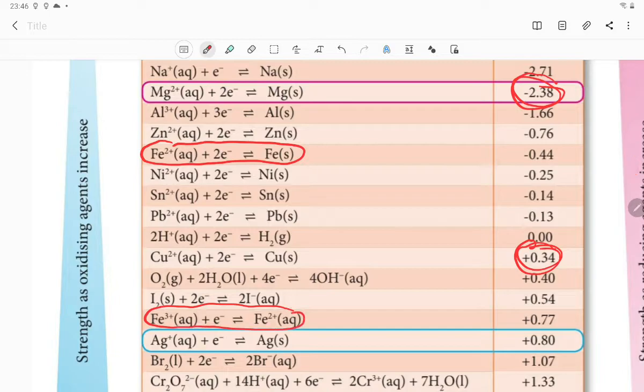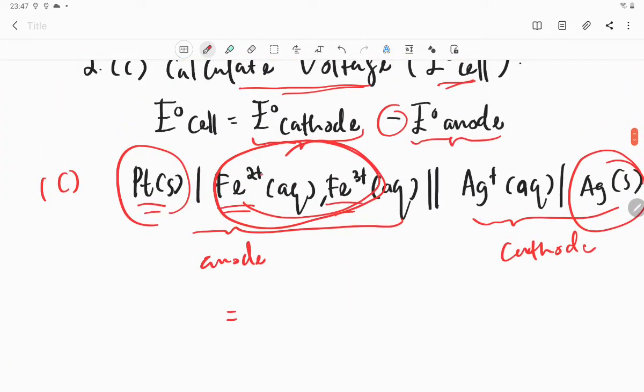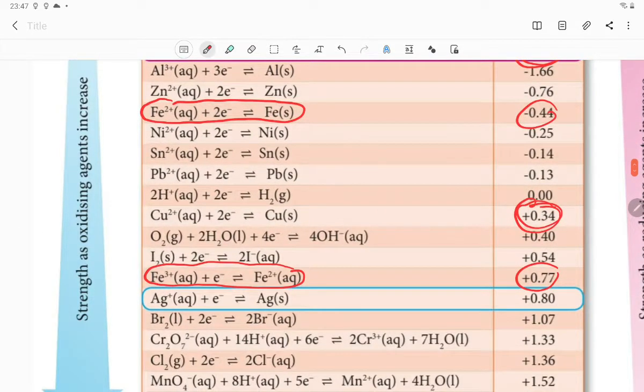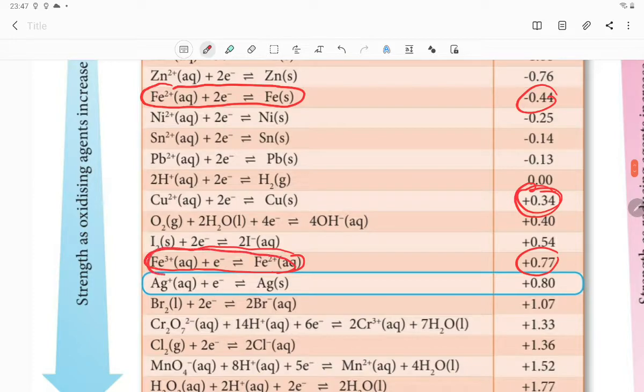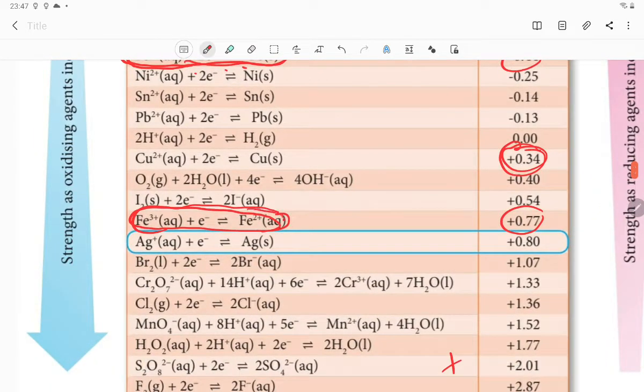So which value are you going to choose? You have to look at the substance. Here we have Fe, iron, Fe2+, and we have Fe3+. So this one, not this one. We are going to use this one when the electrode is iron, but since the electrode is platinum, we're going to choose this one.